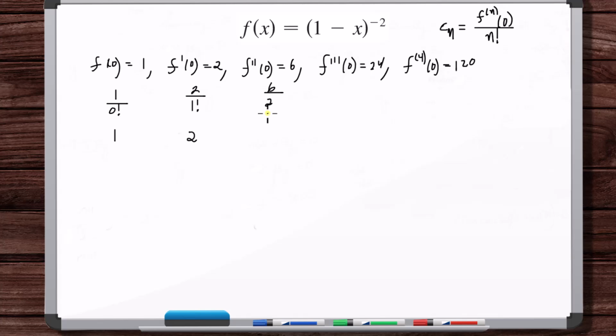That's just 2, so this is 3. Here we've got 24 over 3 factorial. That's 4. And then here we've got 120 over 4 factorial. So 120 divided by 2 is 60. 60 divided by 3 is 20.